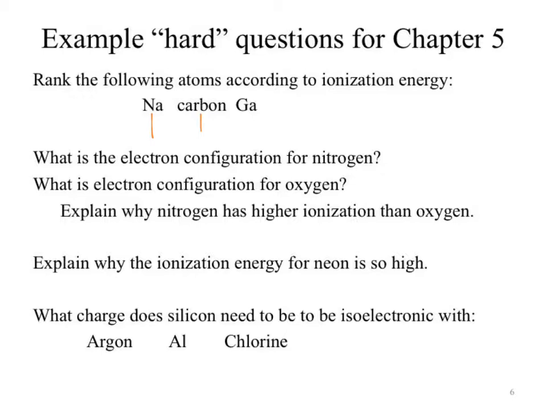What's the relationship between carbon and silicon when it comes to ionization energy? Where are they? In the same column, which means the higher up we are in the column, the higher the ionization energy. So silicon is lower than carbon. Silicon versus sodium.